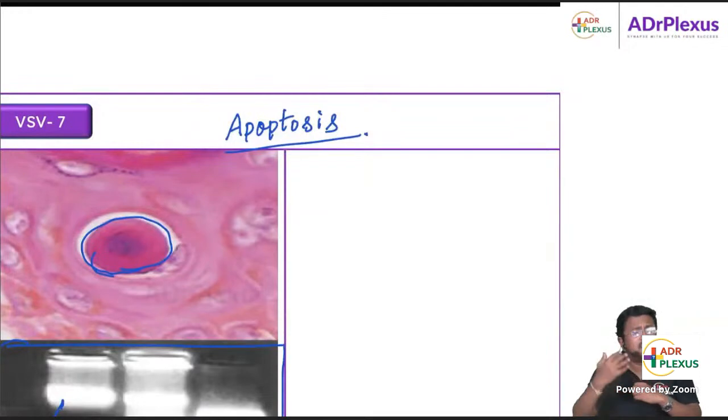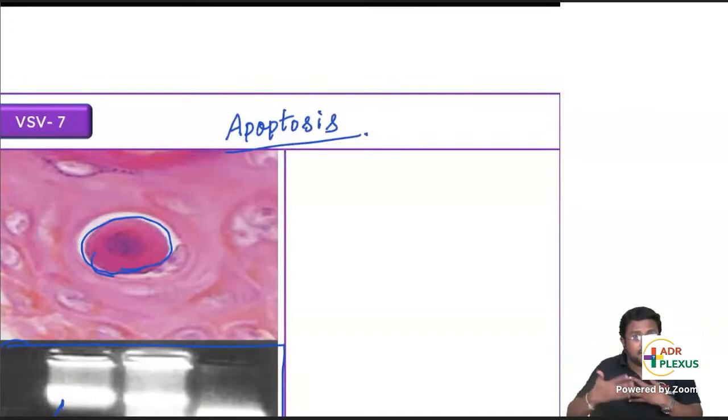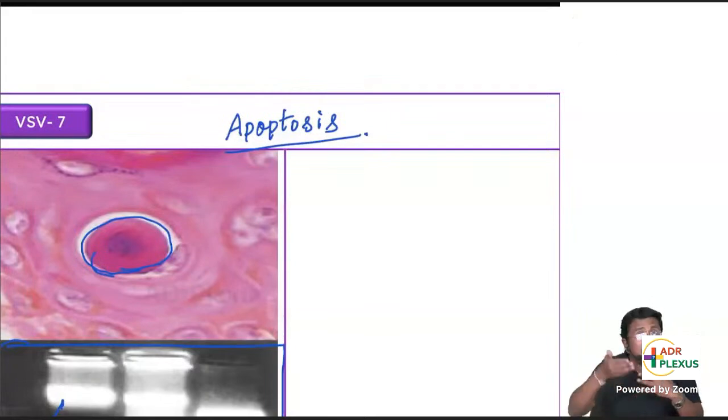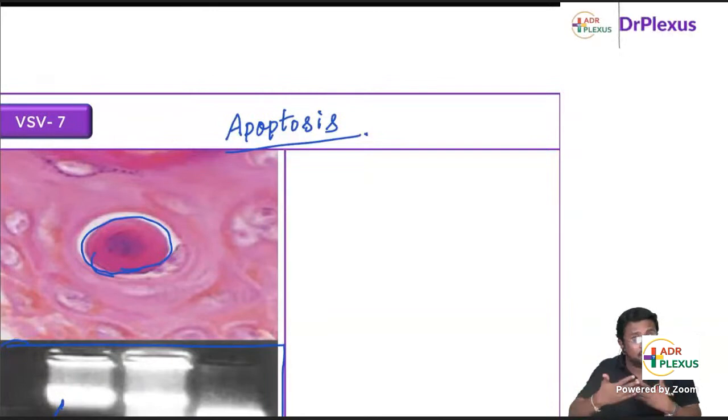Then endometrial shedding during the menstrual phase occurs because of apoptosis. Also, to prevent autoimmunity, self-reacting lymphocytes die. The body kills self-reacting lymphocytes by apoptosis.